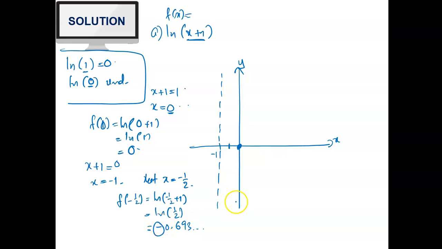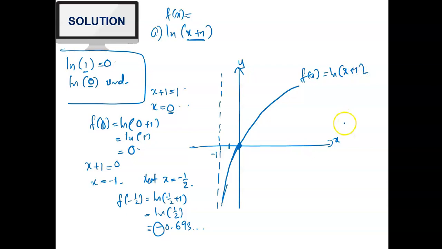The most important thing here is that it is negative. So when x equal to negative half, this is the coordinate, and the graph will be something like this. There you go. So this is f(x) equal to natural log of x plus 1.